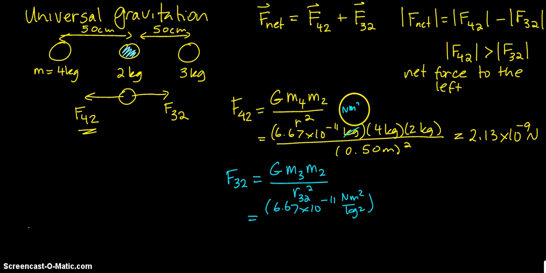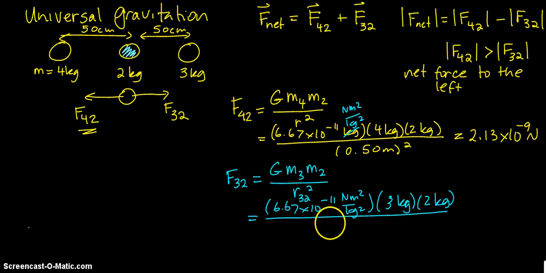This should be newton meters squared per kilogram squared also, times 3 kilograms, times 2 kilograms, divided by the distance between them squared, 0.50 meters squared. And for that, we get 1.6 times 10 to the negative 9th.